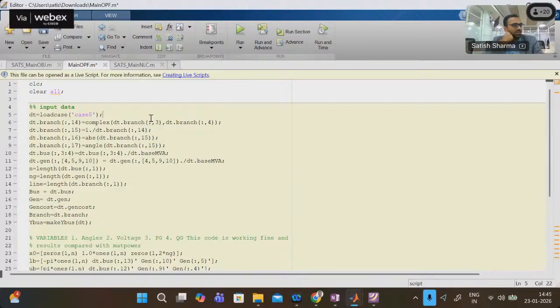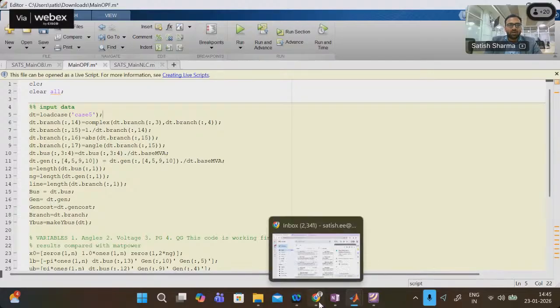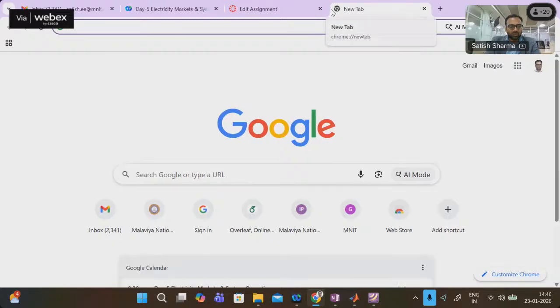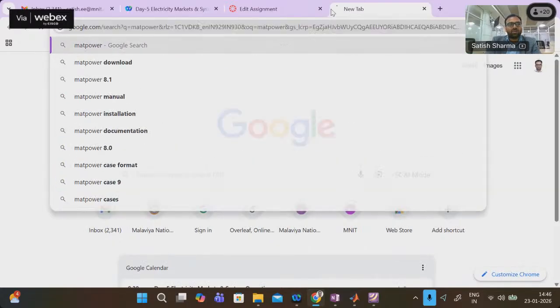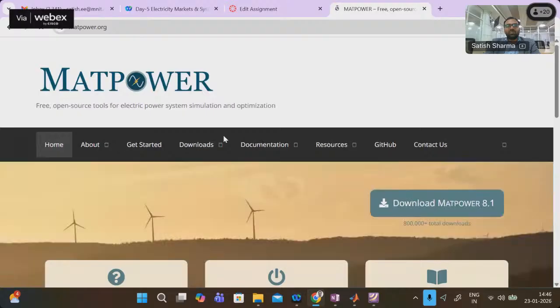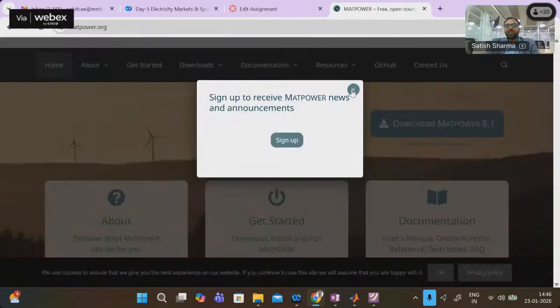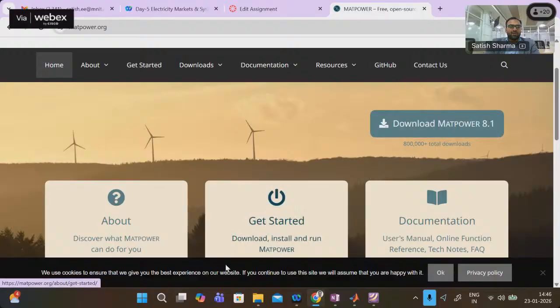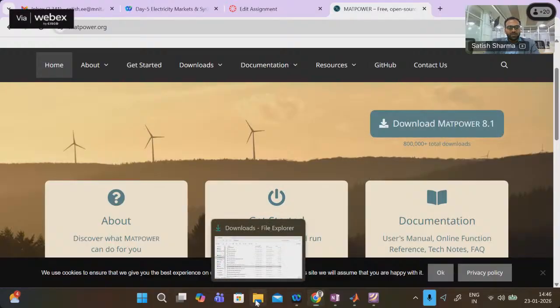That is more important, I think. If you are using MATLAB, I would recommend you look for the MatPower toolbox. It is a free open source tool. You can simply go there and download the latest version, and it's a piece of code. That is available, and let me see if I have it.